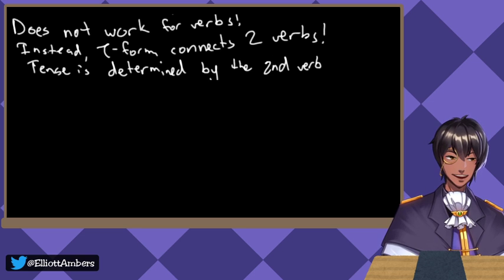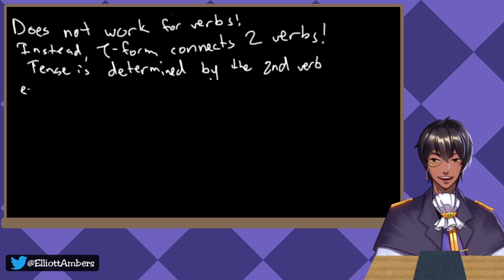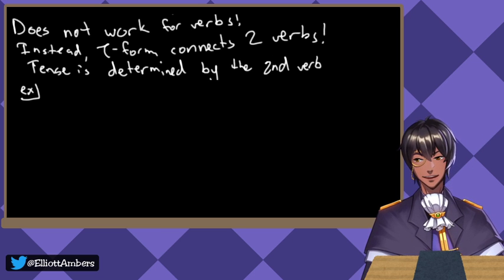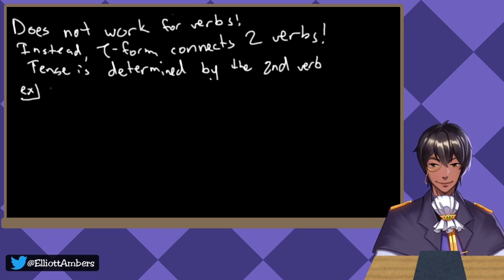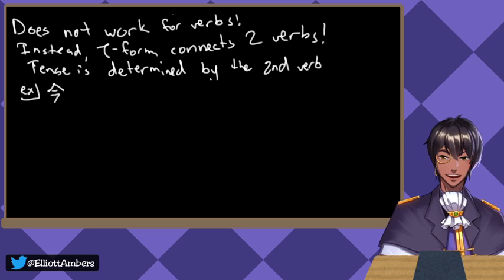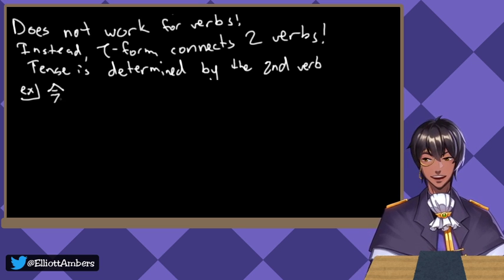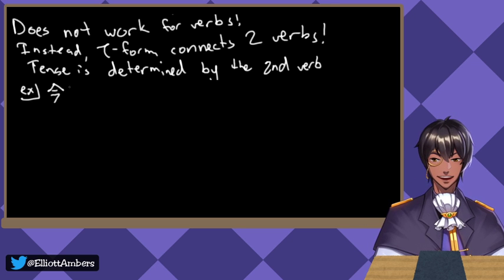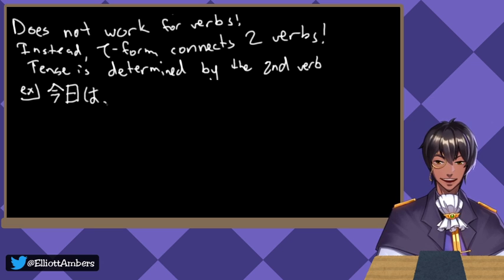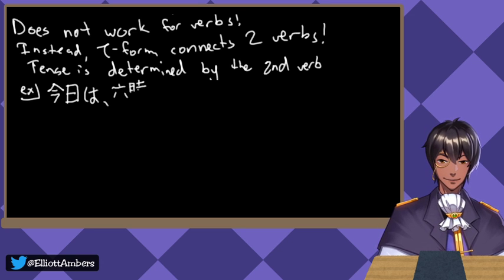So for example, if we take the following sentence here, we'll be using a couple of kanji, but also make sure that for a long sentence like this, I highlight everything so that you can tell what is what. So we get kyou wa 6時. And a lot of these kanji are things that we've seen before.